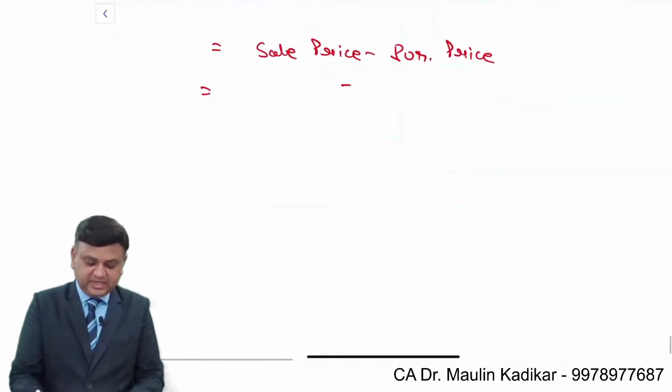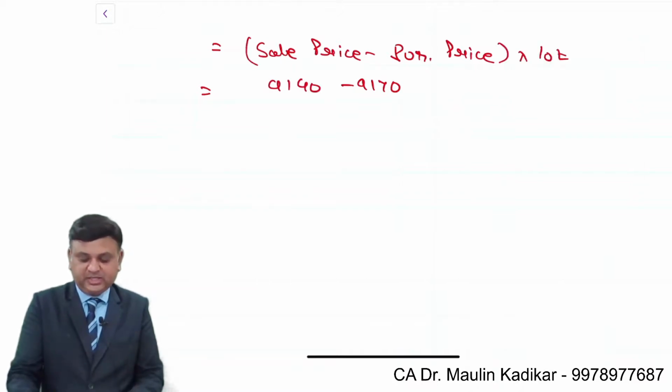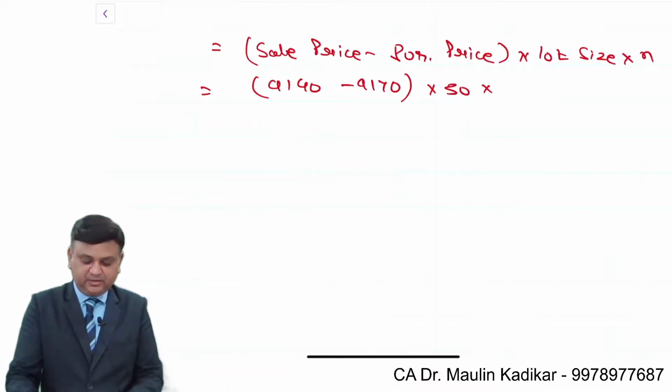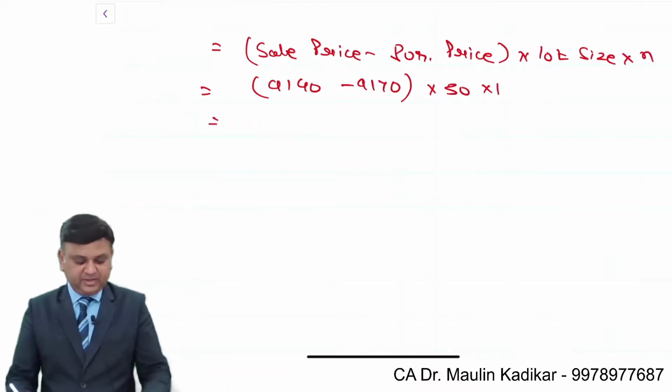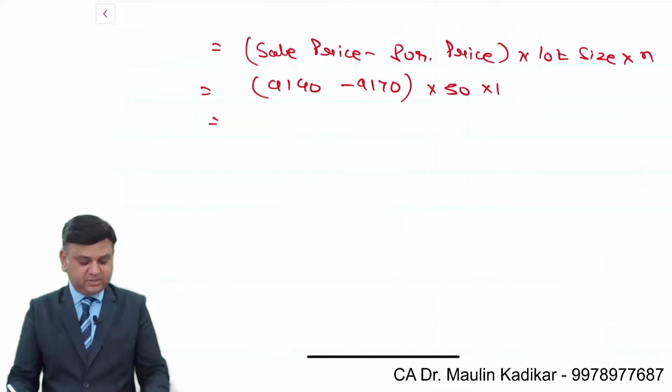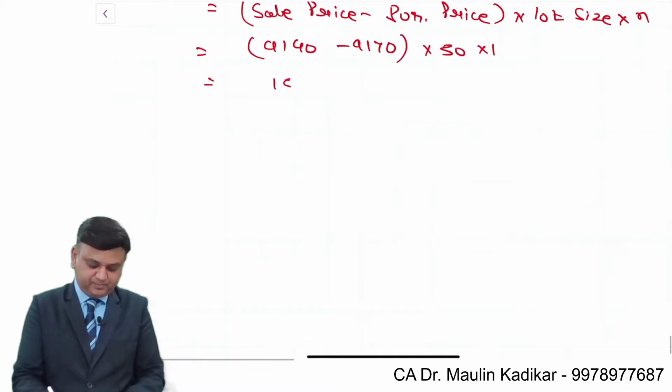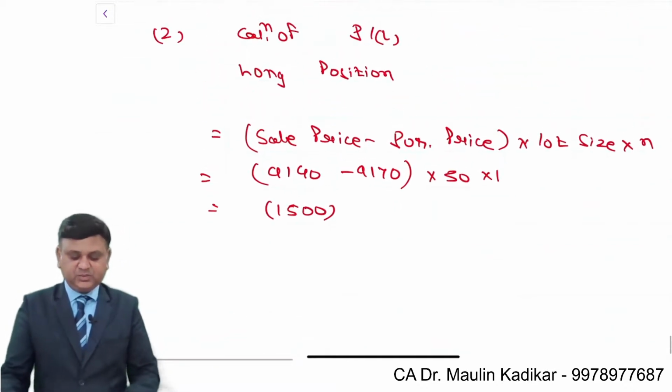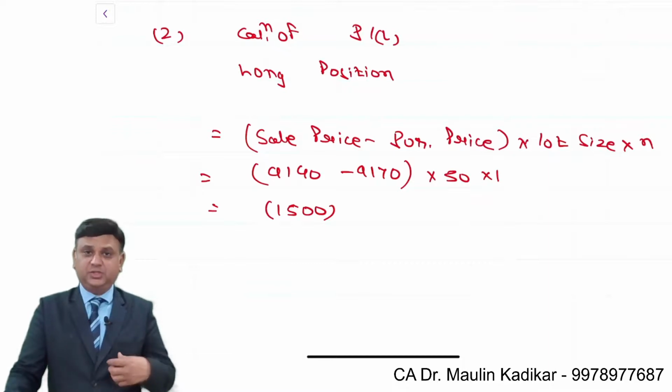So logically, 9170 is the purchase price, 9140 is the sale price, into lot size, that is 50, into number of contracts, that is 1. We understand that the loss is 30 rupees per unit, that is 9140 minus 9170, 30 into 50, 1500 is the loss. That is what we understand if you have a long position.